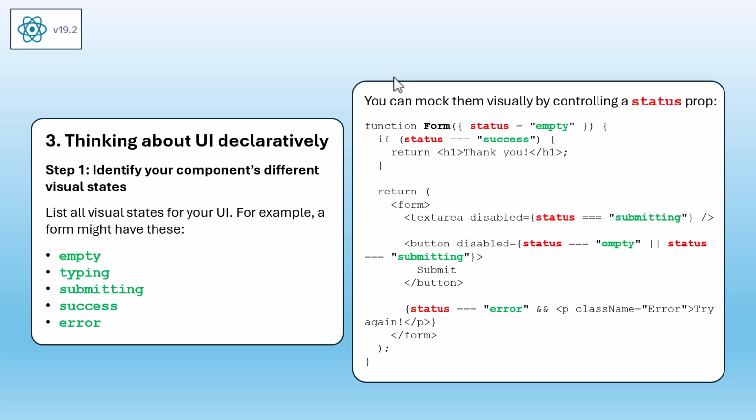This step is very similar to how designers create mockups for each possible view. Before writing logic, you can even create visual mocks of each state. For example, a version of the component that looks like success, another that looks like error, and so on. Mocking helps you focus on design before worrying about the mechanics.